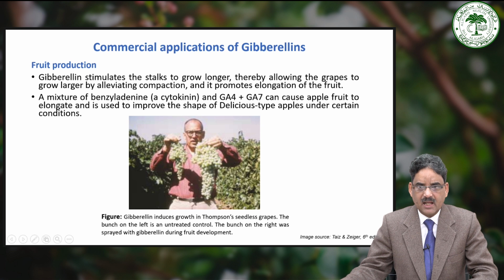The commercial application of gibberellins. A major use of gibberellin is to increase the stalk length of seedless grape. Because of the shortness of the individual fruit stalks, bunches of seedless grapes are too compact and the growth of the berry is restricted.